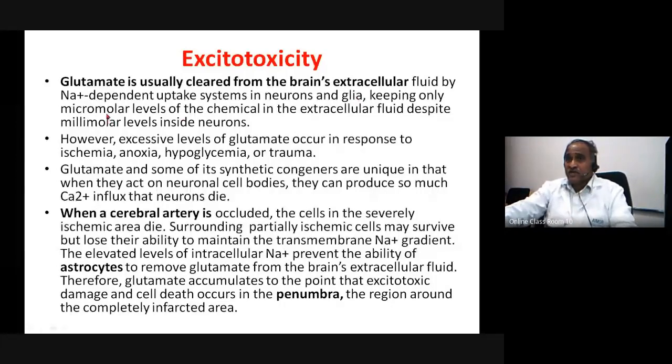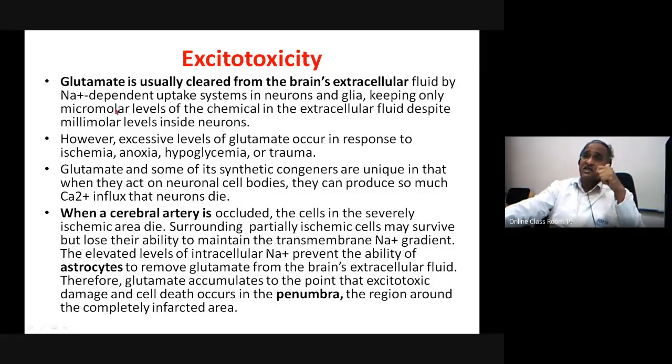So here we are talking about it minimizing to micromolar levels from millimolar levels. The micro to milli is 1000 times. So that means it is 1000 times lesser here. If it is coming up to millimolar level, that would definitely produce certain effects.